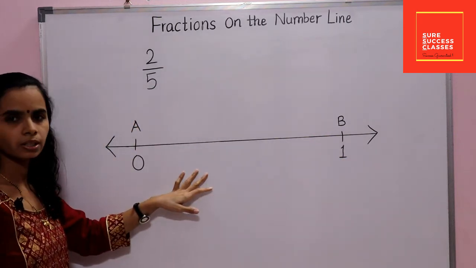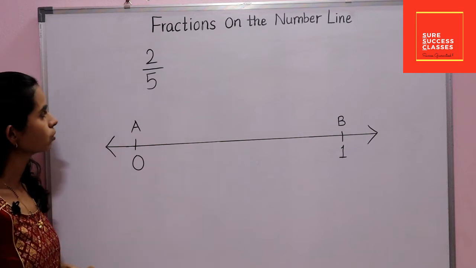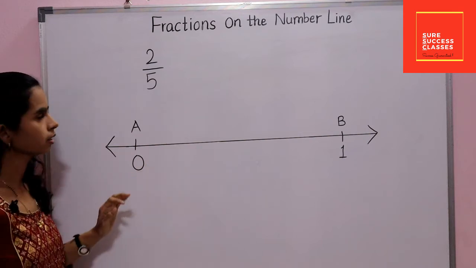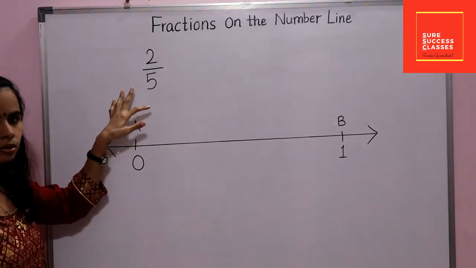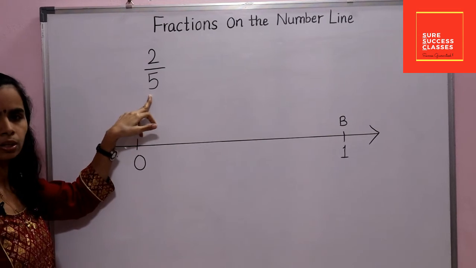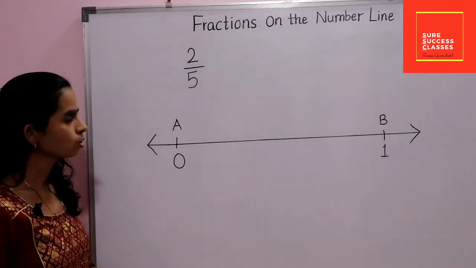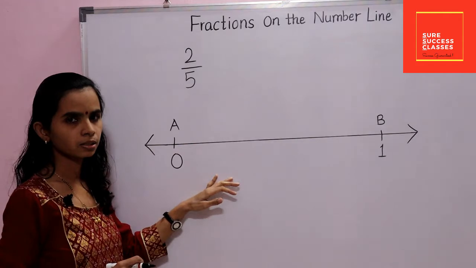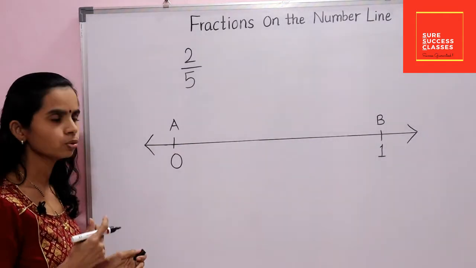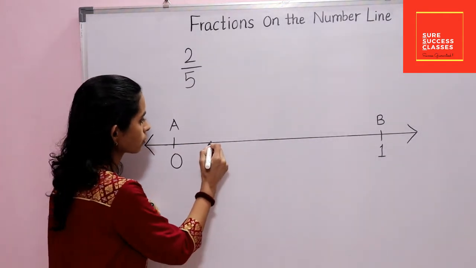Now we have the segment AB. We can divide this segment into the given parts. To divide this line, we will focus on the denominator. It is 5. So we will divide this unit segment into 5 equal parts.